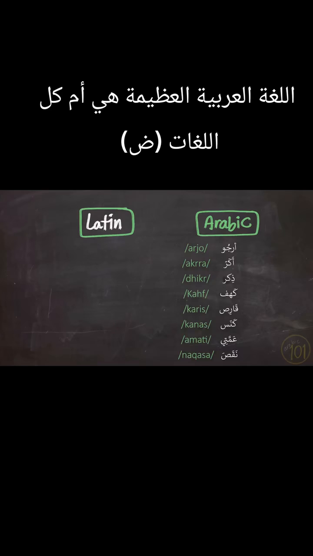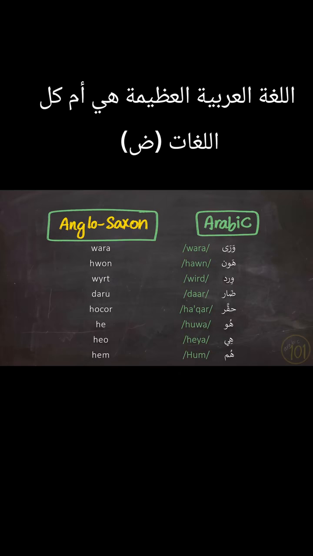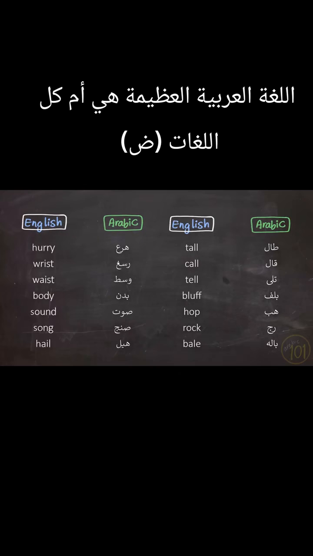But it's even more interesting if we compare Arabic roots to Anglo-Saxon words. And here we can also see the undeniable similarities between how the Arabic words sound and what the Anglo-Saxon words sound like. And since English is a Germanic language, it won't be surprising to find dozens and dozens of examples that show you how similar the English words are compared to Arabic roots.